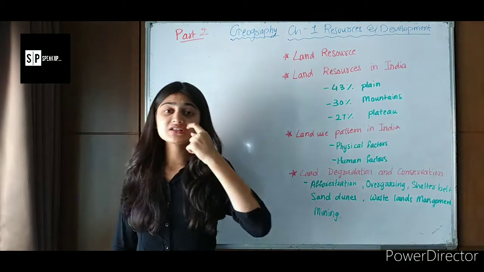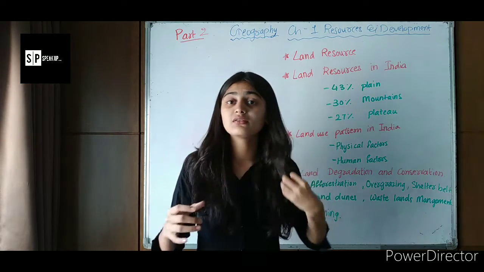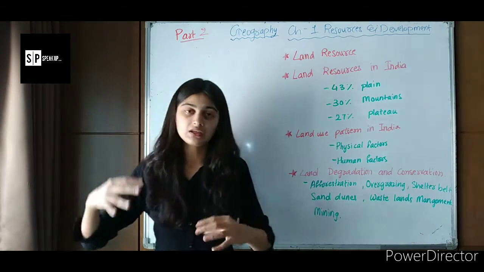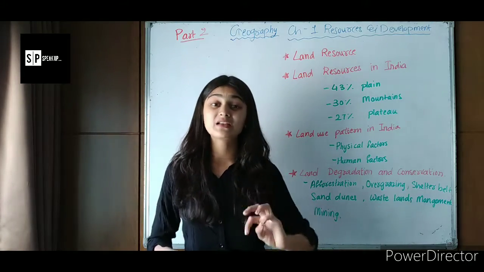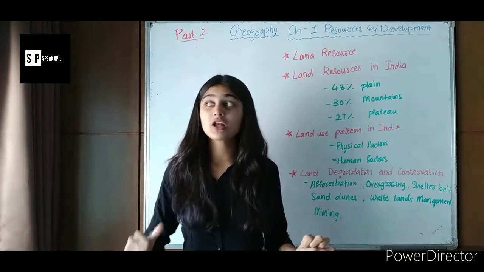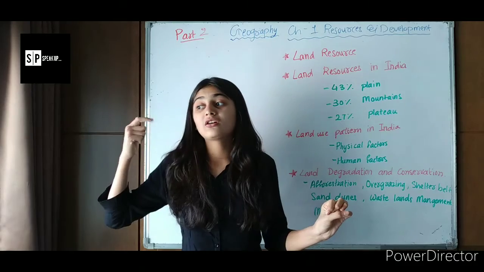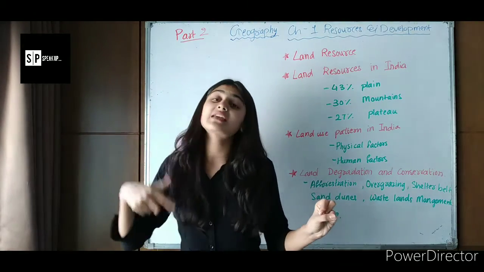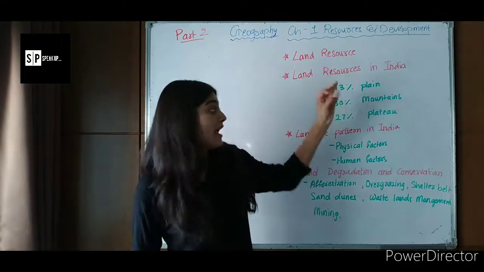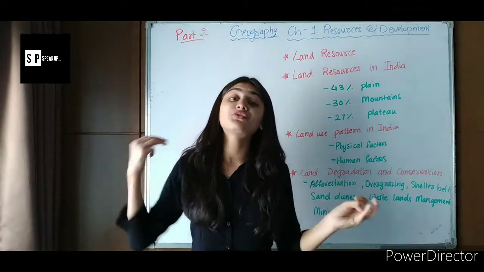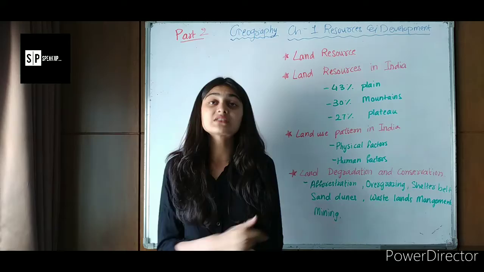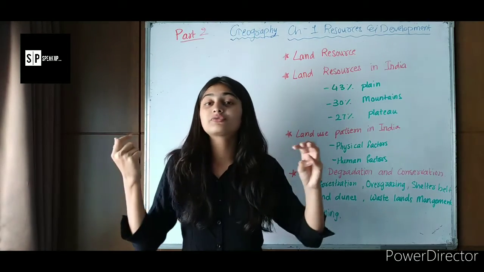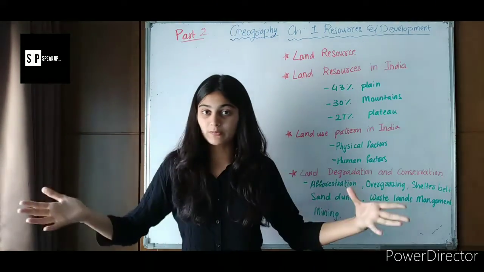Now land resources are divided into 3 kinds in India: plains, plateaus and mountains. Plains are basically used for agricultural work, industrial purposes and residential purposes, and mountains are used for forest purposes, residential purposes, and also for tourist purposes.